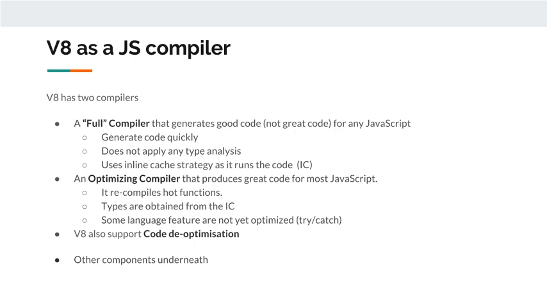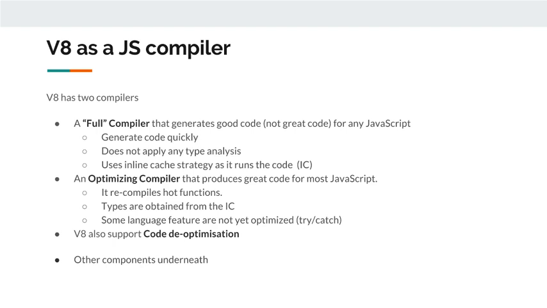Like, let's say you enter a recursive function call, then inside it you will be calling factorial multiple times. That becomes a hot function, but whenever you are out of the scope of that function call, factorial is no longer a hot function. So instead of keeping it there, we can just de-optimize it, throw it away, and then fall back to the full compiler, which is the normal one.